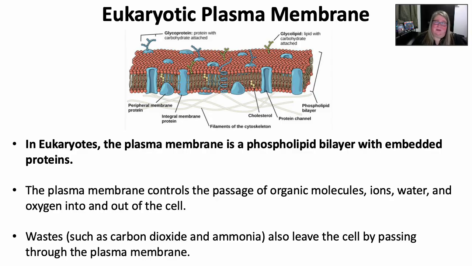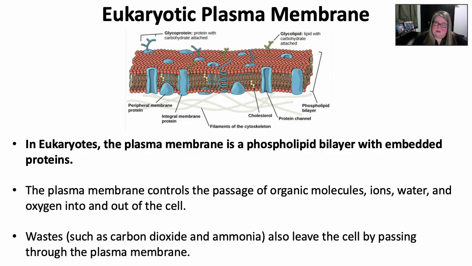It's going to allow for the passage of things like water and glucose and amino acids, and really importantly, ions. Some things like calcium 2 plus and sodium 1 plus and chlorine 1 minus. We're also going to transport oxygen in and out of the cell. These are all needed for the cell to be happy and healthy.